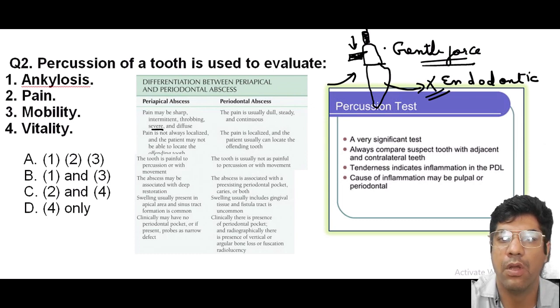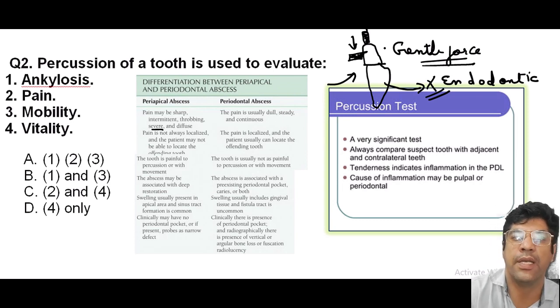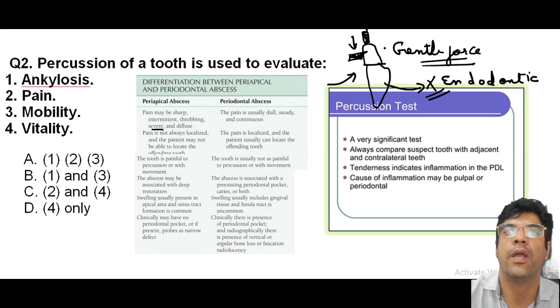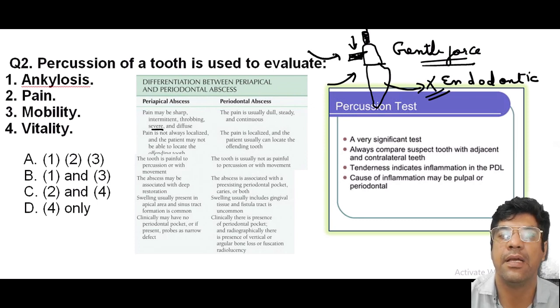When you tap a tooth horizontally, that is side to side, you are assessing a tooth's response to the lateral forces.